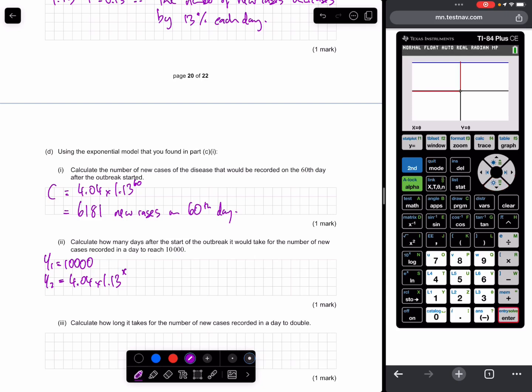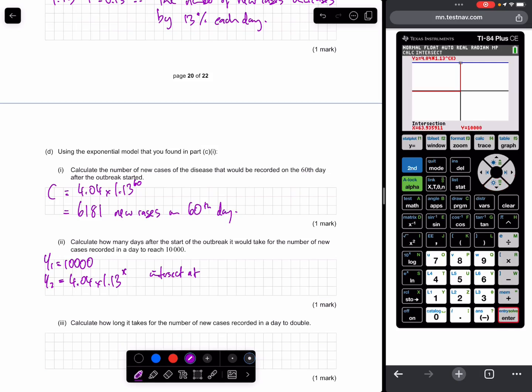The intersect is definitely on the screen. Second trace, intersect. First graph was y equals 10,000. Second graph was our model.